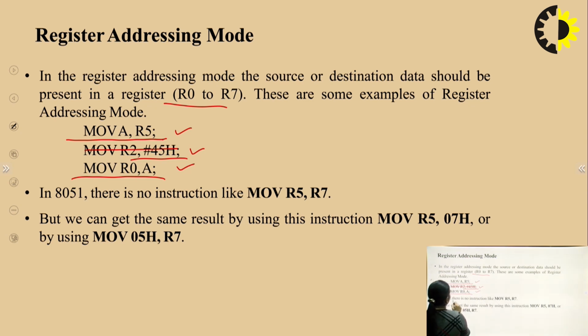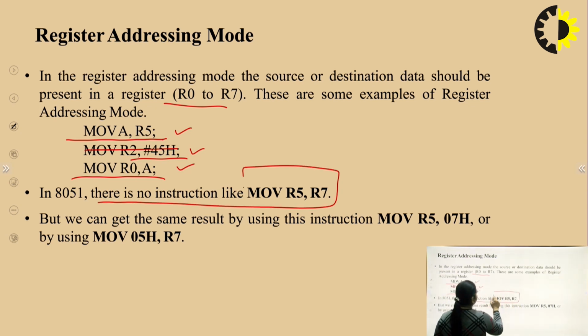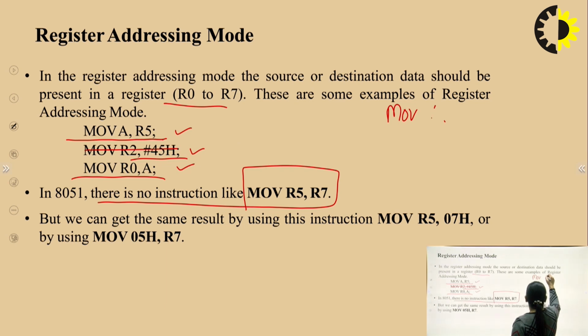So in 8051, there is no instruction like move R5, R7. In the microprocessor 8085, we have to transfer the data between two registers. We had 6 general purpose registers in microprocessor 8085. The instructions which we used to follow were like move A, B. The data is transferred between two registers.